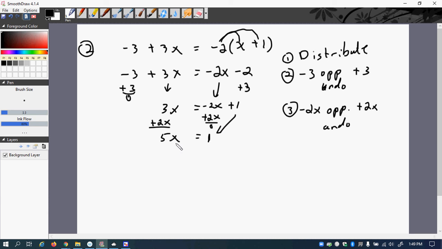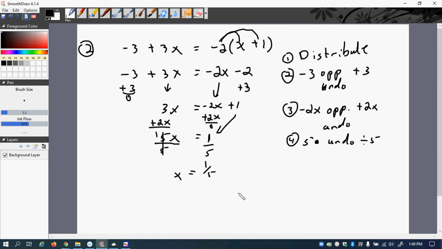Okay, so now the fourth step is to separate 5 from x. Okay, so this is 5 multiplied, so we do undo, which is divide by 5. So we divide by 5, divide by 5. So 5 divided by 5 is 1, so x is equal to 1/5.